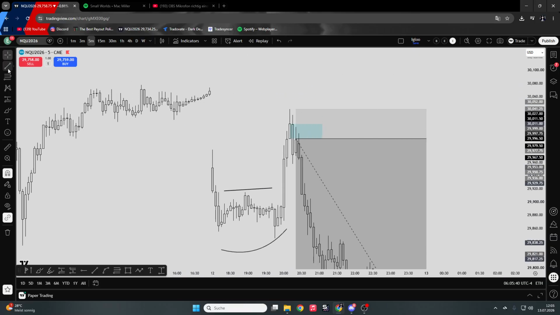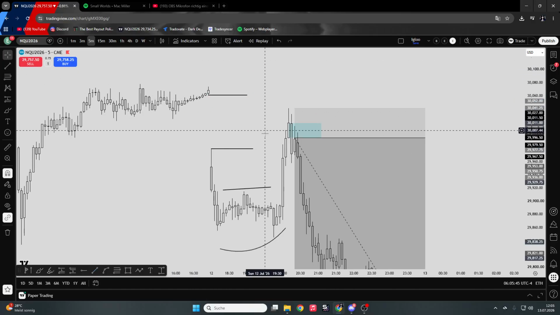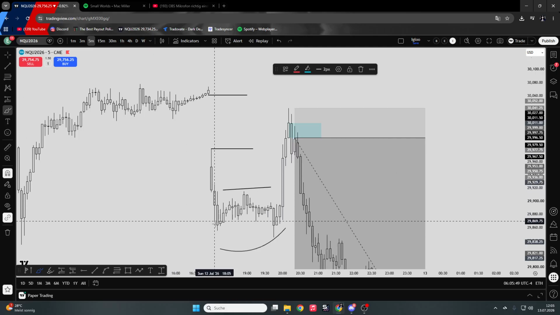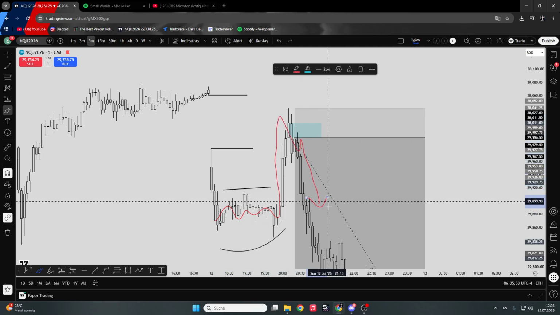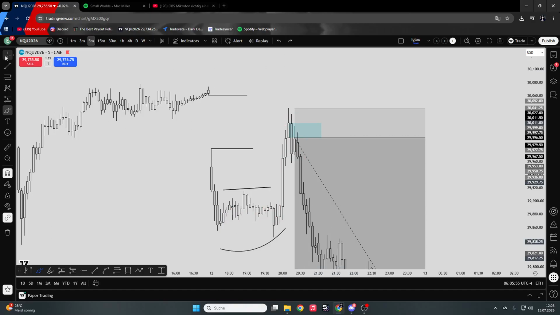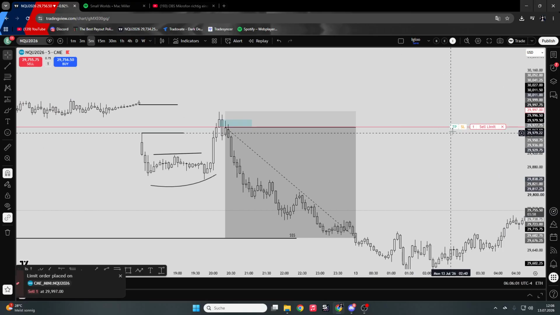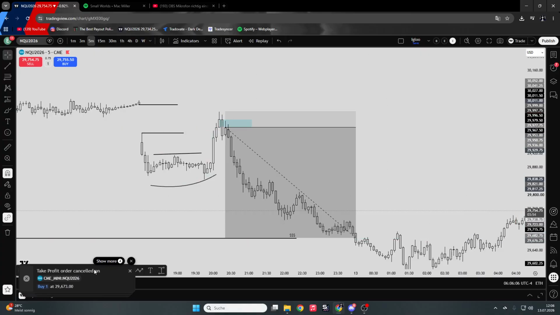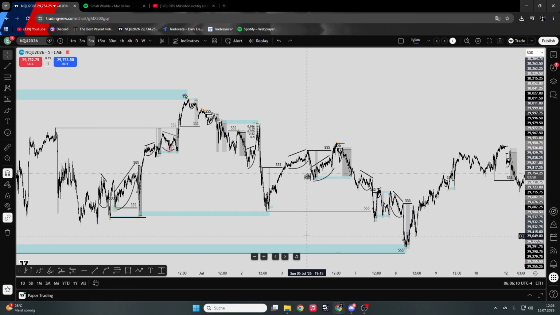We manipulate into this new weak opening gap, which means we have our accumulation, manipulation, back into the order block, and then going lower. That was 6.5. So all of these trades were taken over multiple accounts, right?